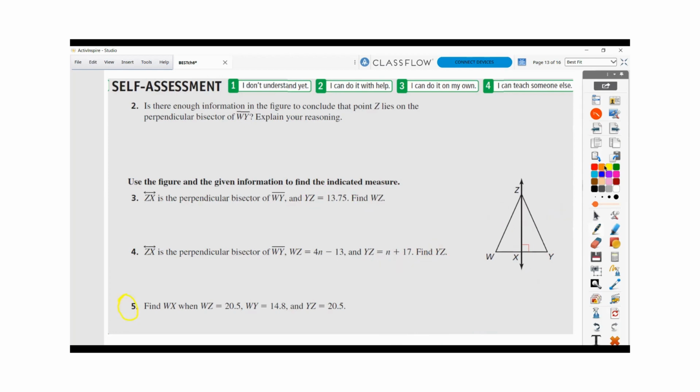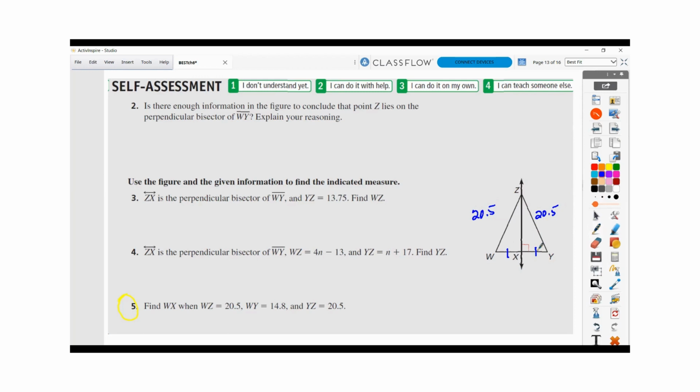Let's verify that. It tells you here that they want you to find WX. They do tell you that this is 20.5 and that this is 20.5. Because both of those are the same, that means that Z must lie on the perpendicular bisector of the segment. So these two pieces then are the same.